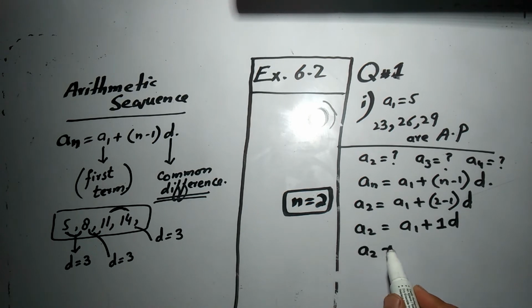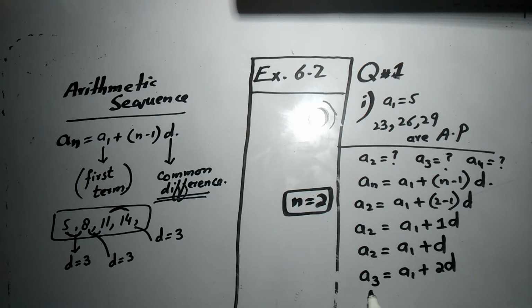So a2 will be equal to a1 plus d. Similarly, a3 will be equal to a1 plus 2d. Similarly, a4 will be equal to a1 plus 3d.